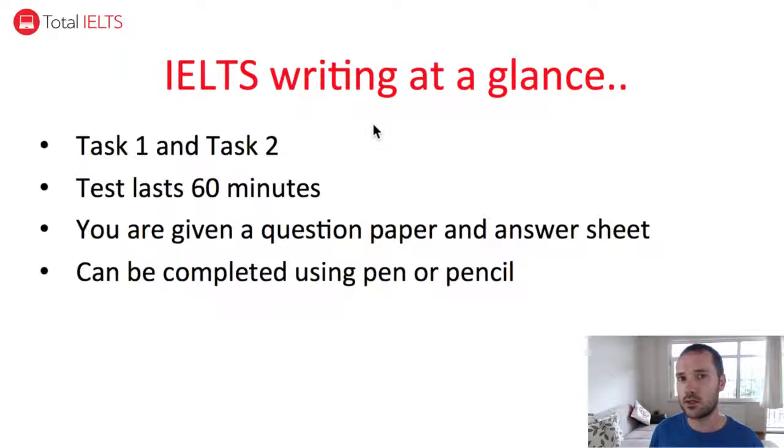So there's 2 tasks and you've got 60 minutes to complete these 2 tasks. But as you will see later on, the marks are not distributed evenly, so therefore we need to be careful about how we allocate our time. So you're not necessarily going to spend 30 minutes on task 1 and 30 minutes on task 2.